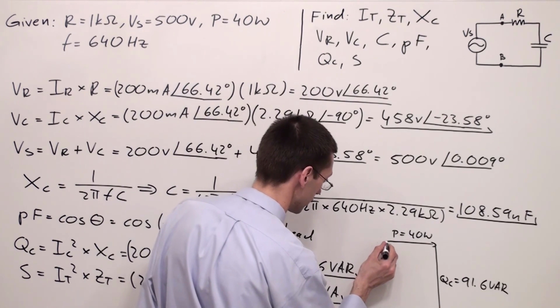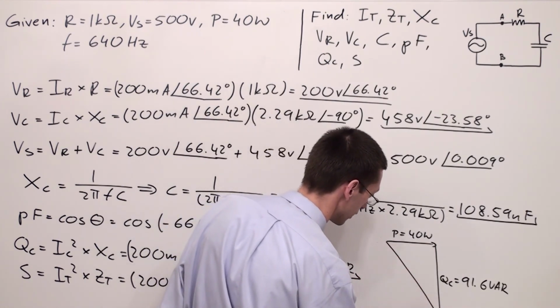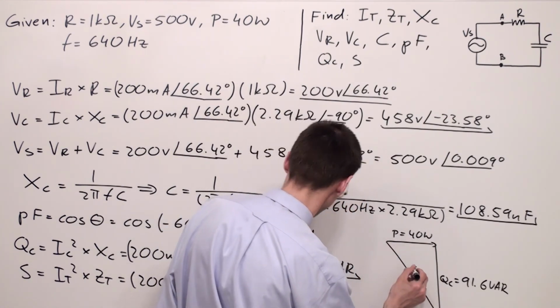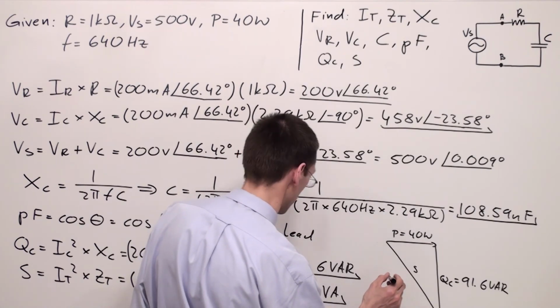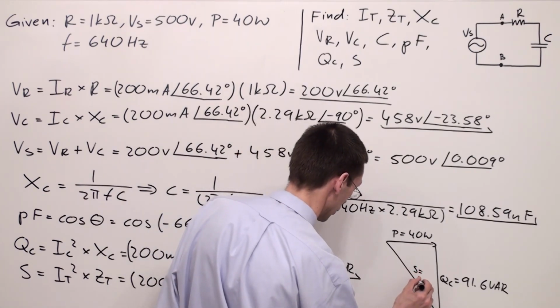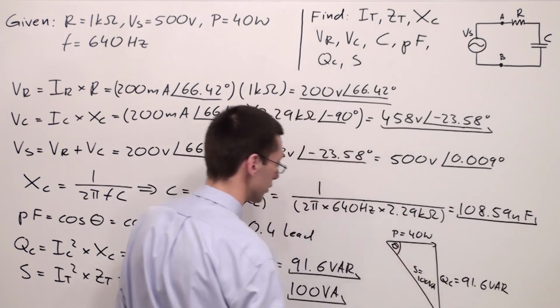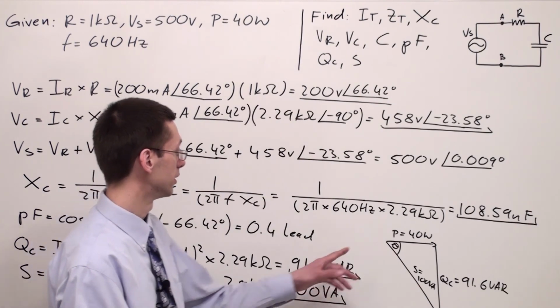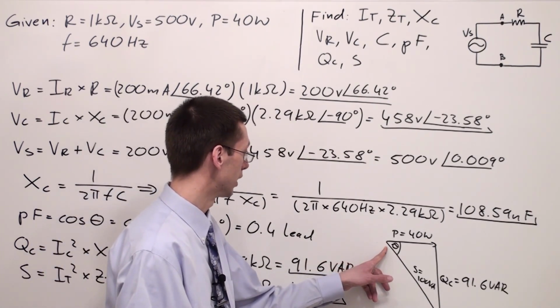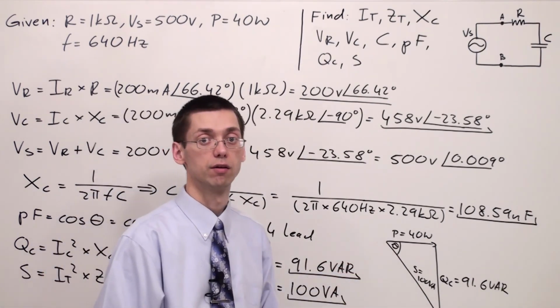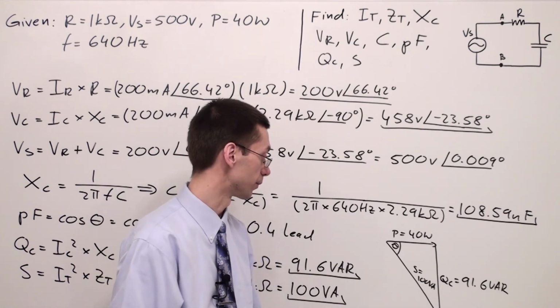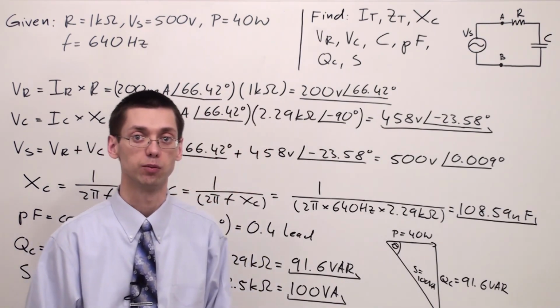And this is my apparent power, S, equals 100 volt amp. And this is my angle theta. Please keep in mind that this angle theta is the angle theta which we have next to Z total. So we can say that the problem is solved.